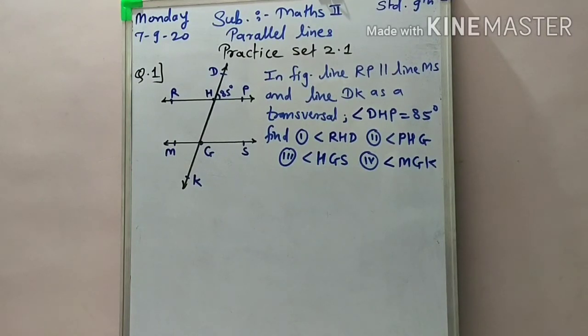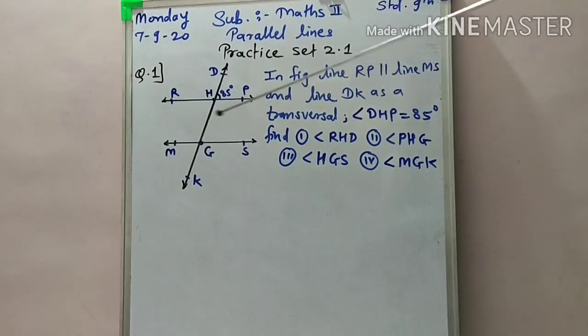Somehow we also have to use the property of what? Linear pair angles and vertically opposite angles also. So in the first example, we have been given a figure with the information that line RP is parallel to line MS and line DK is a transversal.